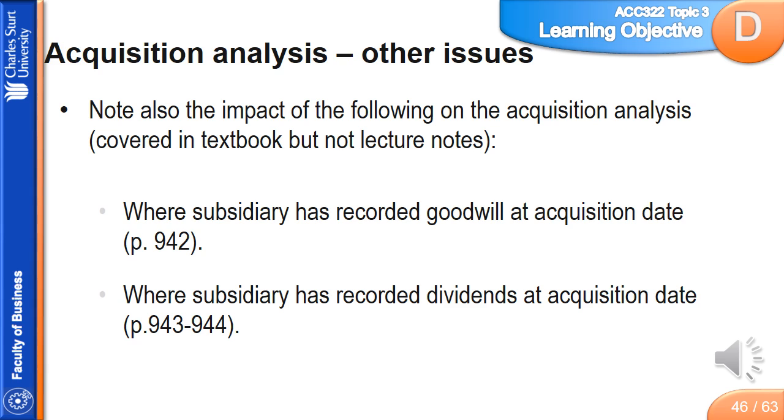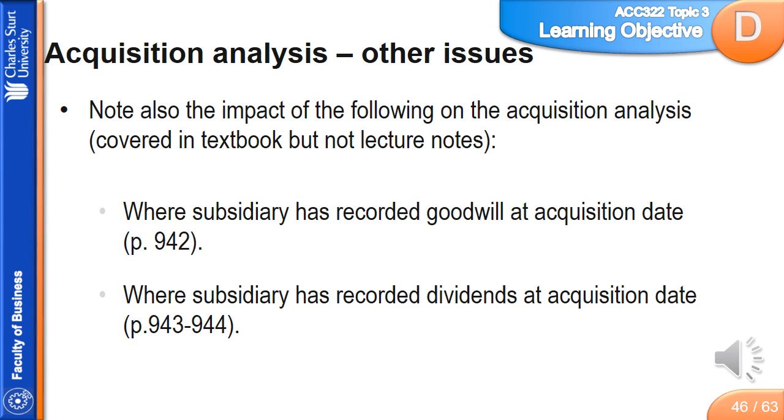Firstly, there are cases where the subsidiary already has recorded goodwill at acquisition date, and when this is apparent, you need to reduce the goodwill by the already recognized amount. So it's deducted in the determination of the fair value of identifiable net assets. And there's an explanation to that, I think, on page 942 as stated on this slide.